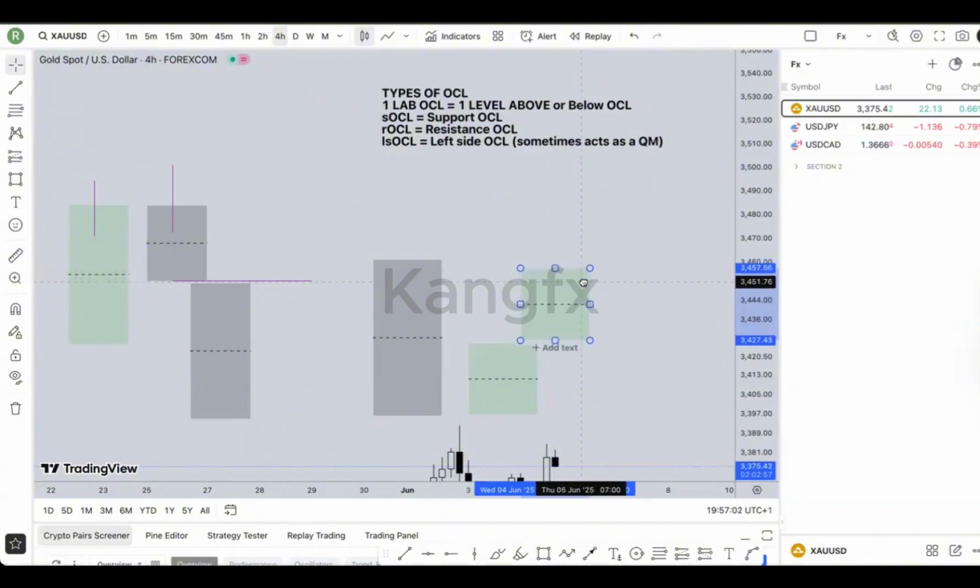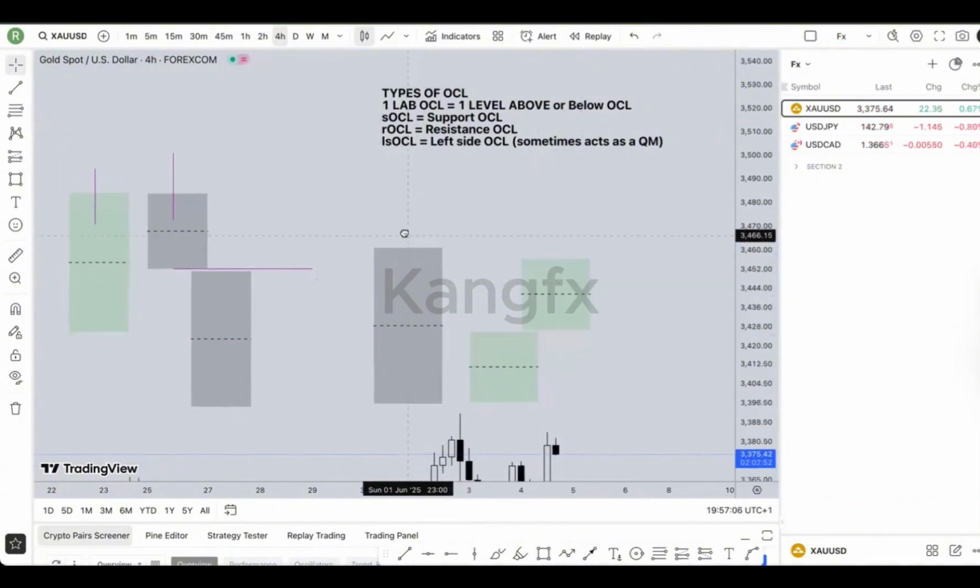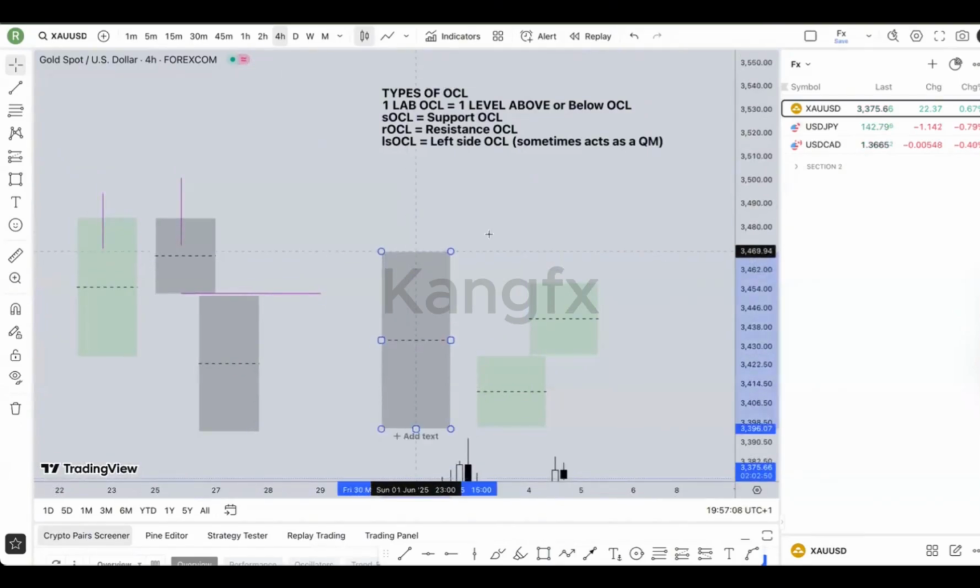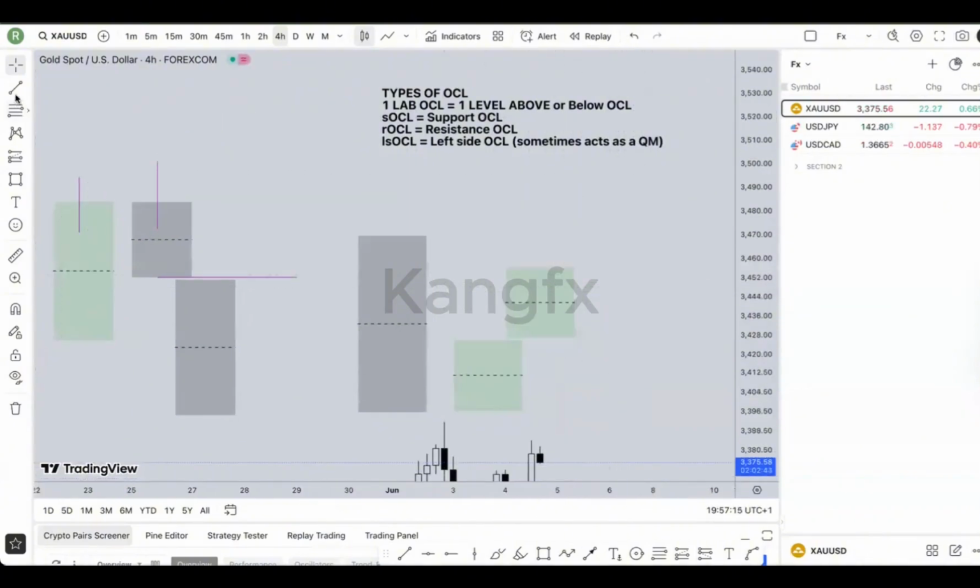Now, these OCLs I'm teaching you are very important. For now, I'm only teaching you the types. I'm not showing you how to use them yet, but these are the OCLs you see me use mainly whenever I'm trading, if you've been following my TikTok page.